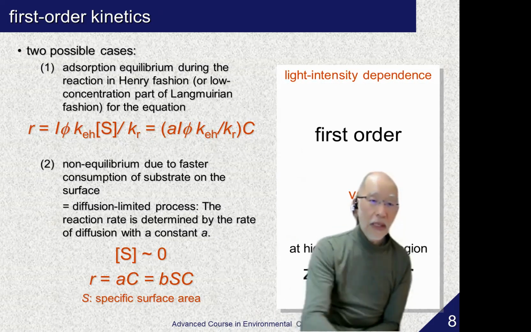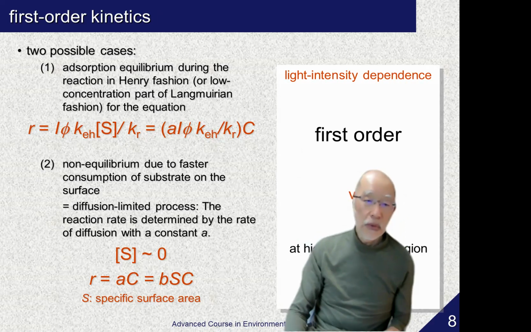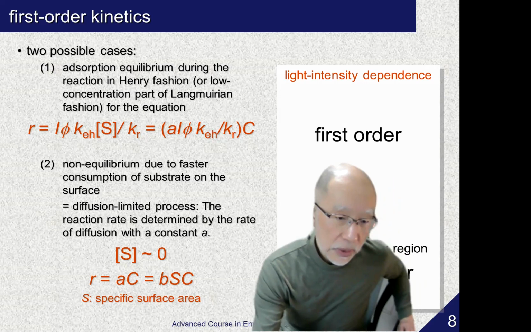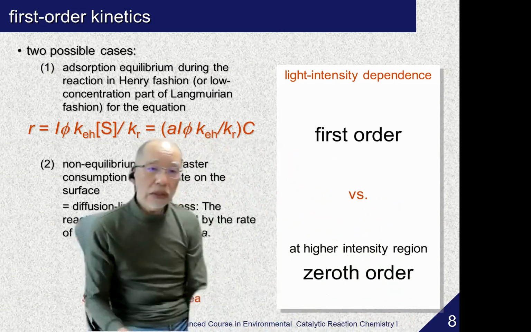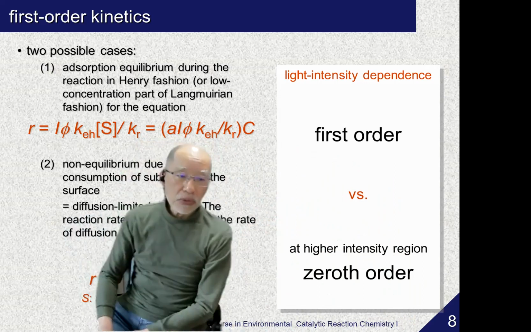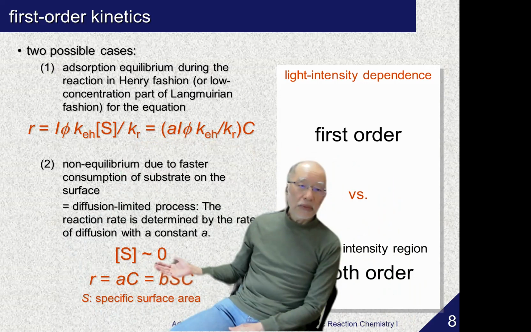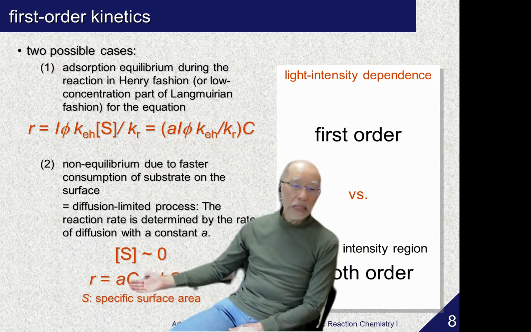And to distinguish which is which, it is necessary to check the light intensity dependence, because in the latter case, no light intensity is included in the reaction rate equation.